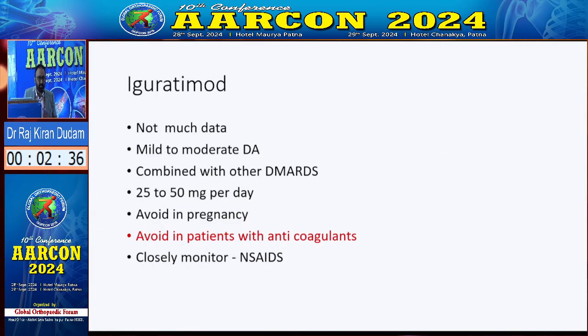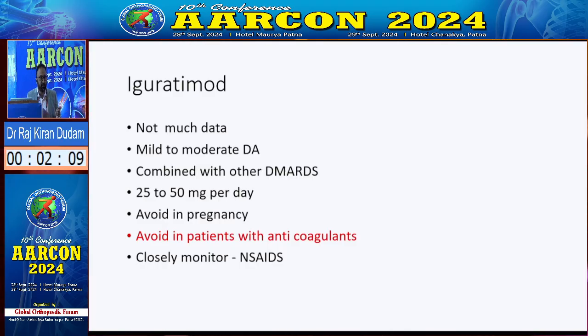Quite often nowadays, and lots of pharma companies also come promoting this drug, iguratimod is prescribed. Unfortunately, it looks quite promising on paper, in its pharmacokinetics and mechanism of action. However, the data is lacking on this drug. Our experience tells us it's a reasonably good drug in mild to moderate disease cases, and it's given ranging from 25 to 50 milligrams.